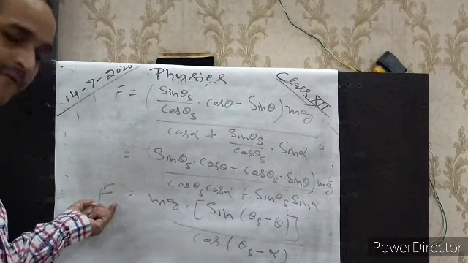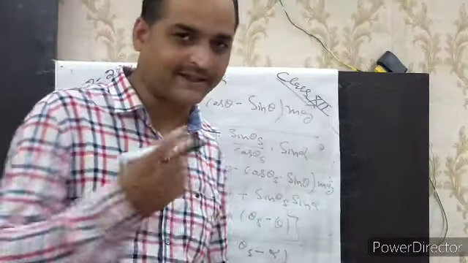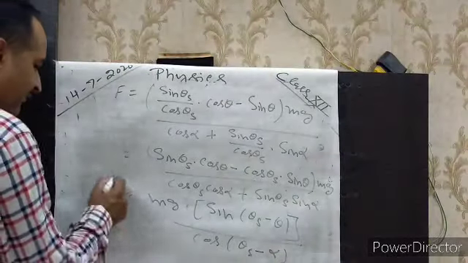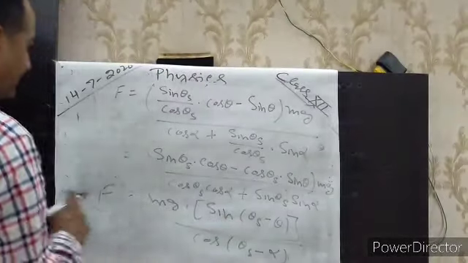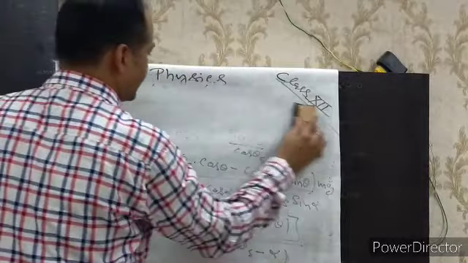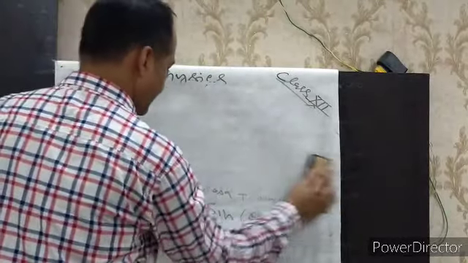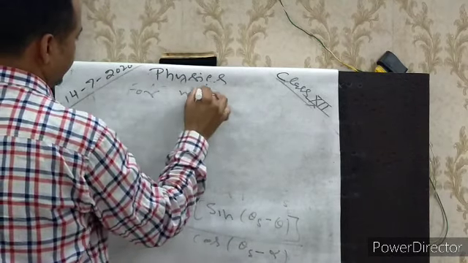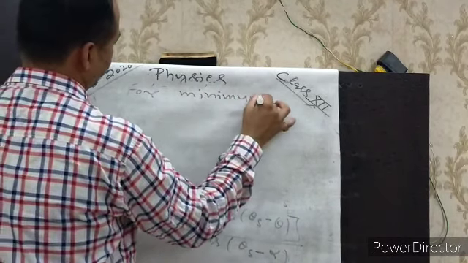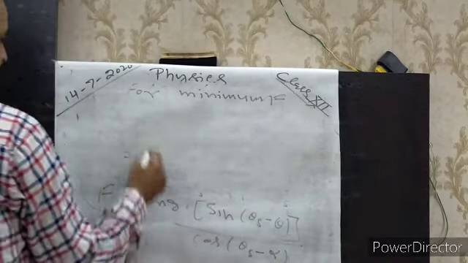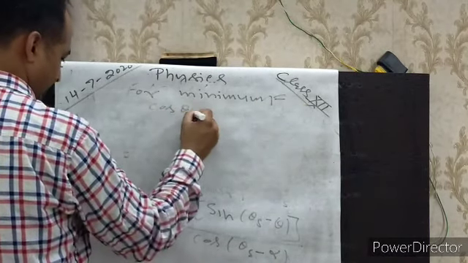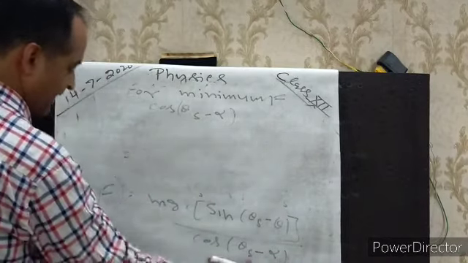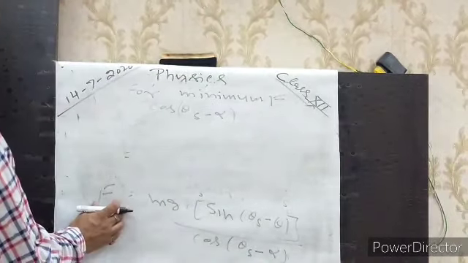For the minimum force required to initiate the motion, the denominator should be maximum. For minimum F, the denominator cos of theta s minus alpha is maximum, then F will be minimum.